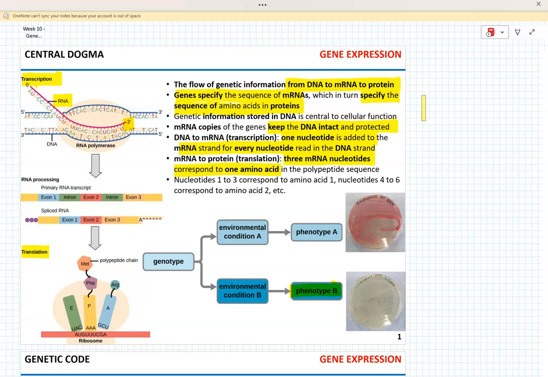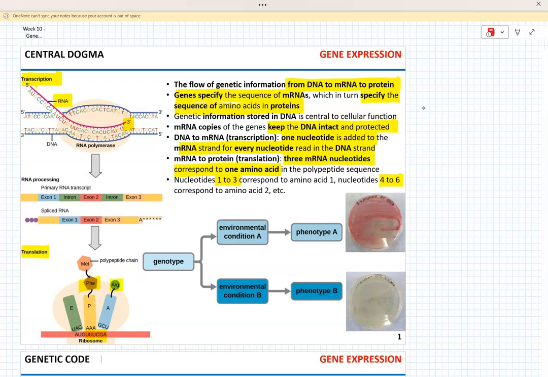For example, nucleotides 1 to 3 correspond to amino acid 1, 4 to 6 designate amino acid 2, and so on and so forth. In this illustration at the bottom, you can see that, for instance, this central codon, UUU, corresponds to a single amino acid, phenylalanine. The codon CGA corresponds to a single amino acid, arginine.